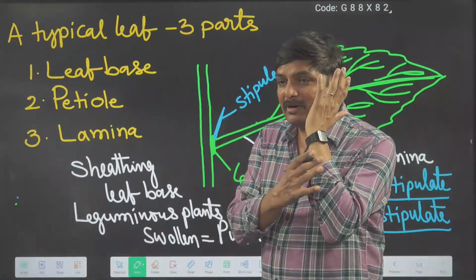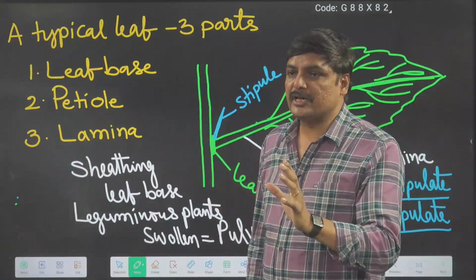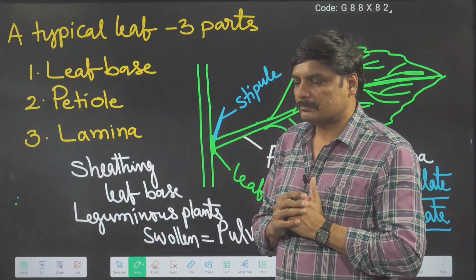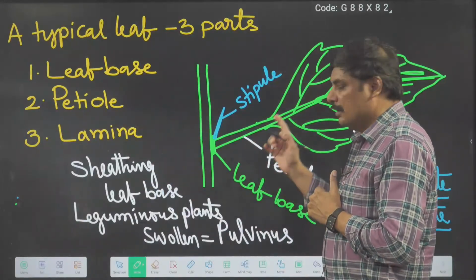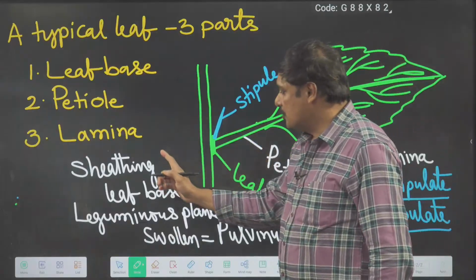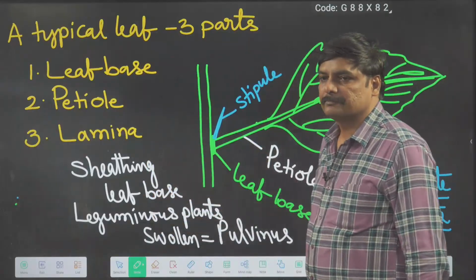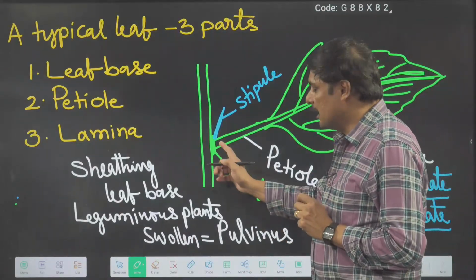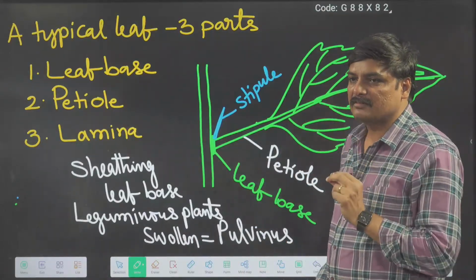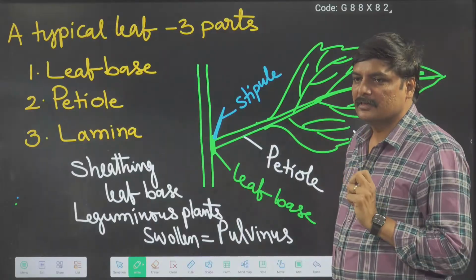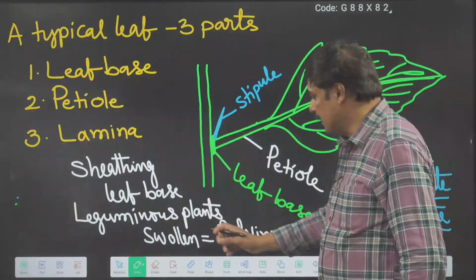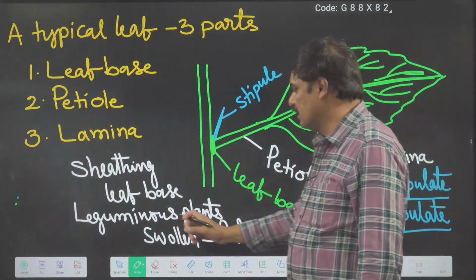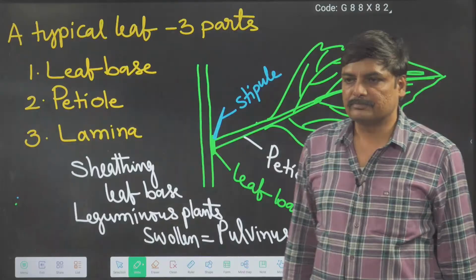That sheath covers the stem either partially or completely. Understood? Such leaf bases are called sheathing leaf bases. In some leguminous plants, the leaf base is swollen, bulged, and that is called pulvinous. Pulvinous leaf bases are seen in some leguminous plants.